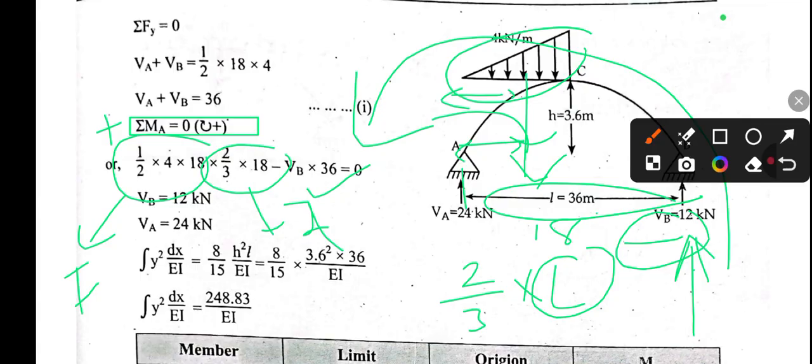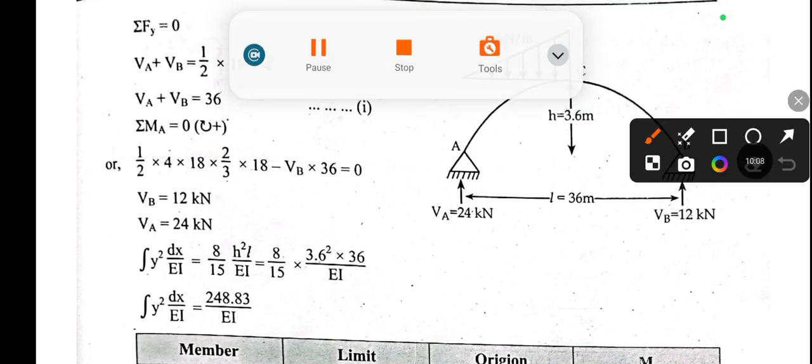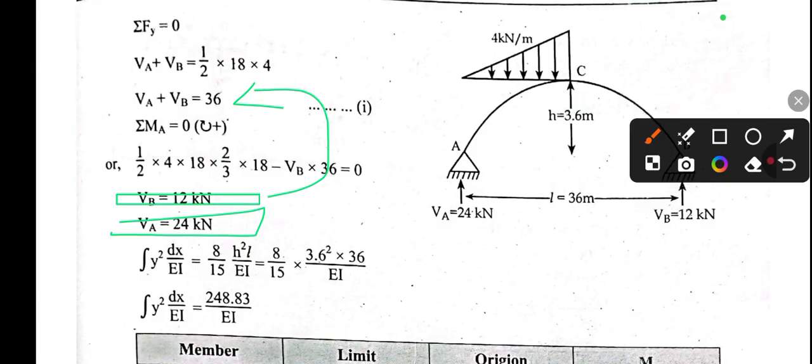From here, after calculation, we get the value of VB as 12 kN. After putting this value in this equation, we get VA equal to 24 kN. So the value of VA is 24 kN and the value of VB is 12 kN. So we have calculated these two values.